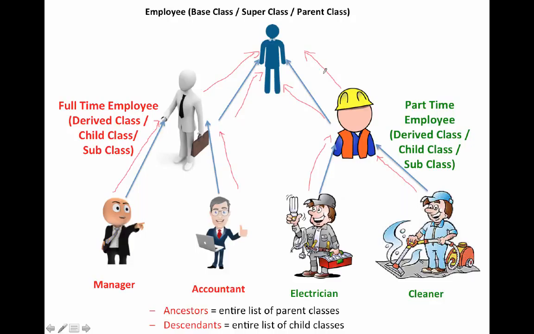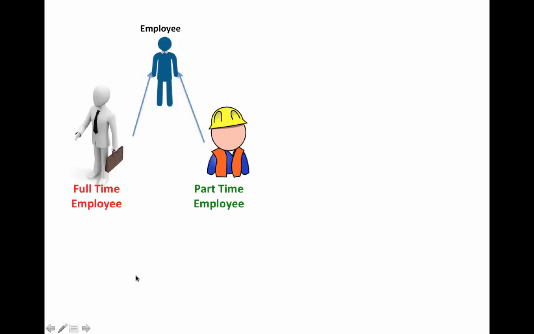And the descendants of the part-time employee are electrician and cleaner. So, we can create a class and we can derive or create other classes from another class. So employee is a base class, and we could create full-time employee and part-time employee as its subclass or child class.